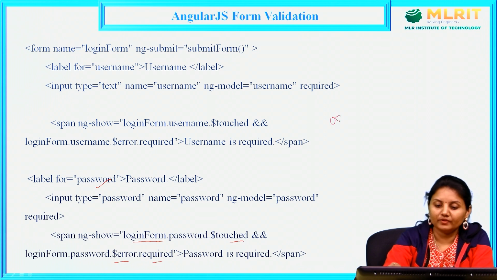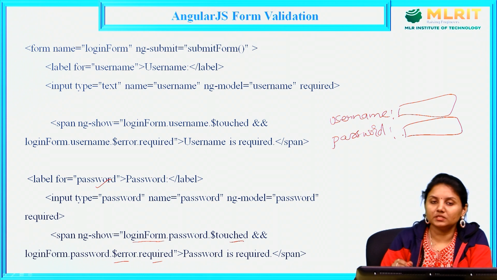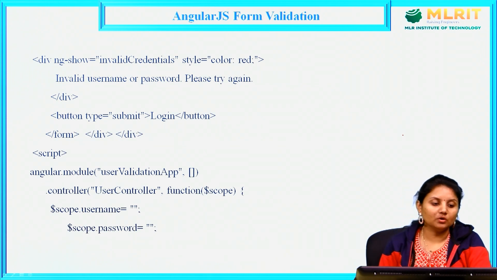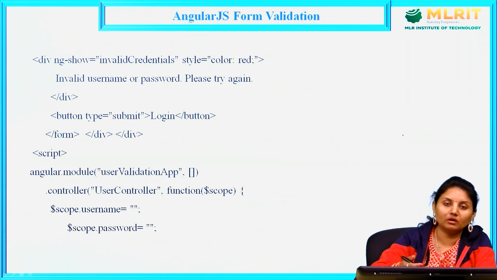So you have one for username and one for the password. This is the output you will get up to this content. Now it shows invalid credentials, because both are empty here. Both empty means invalid credentials or wrong input.